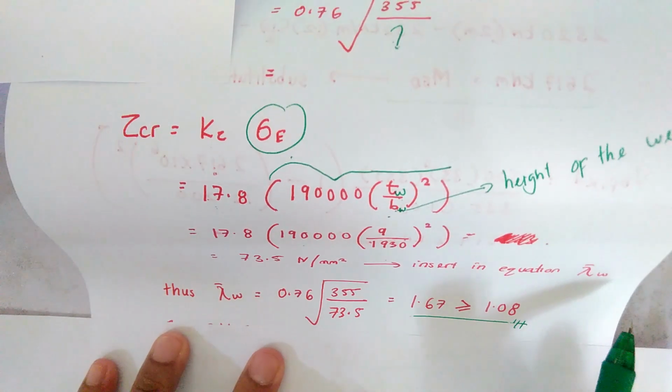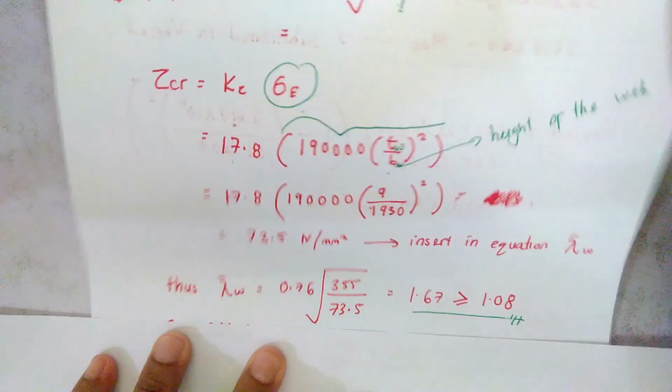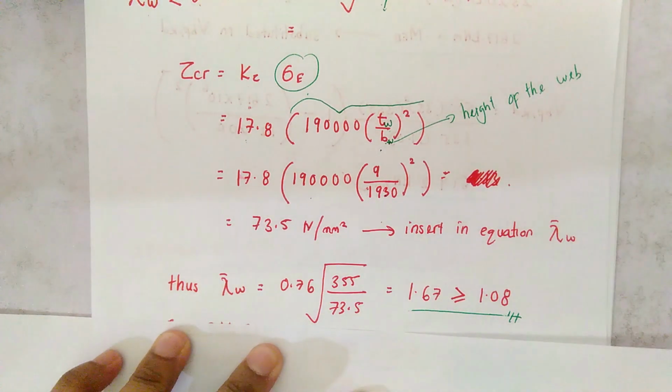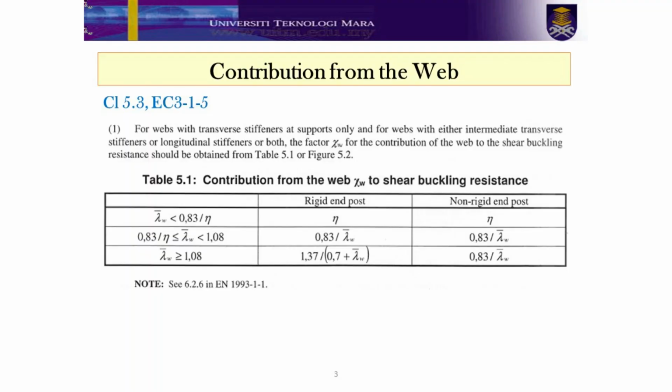Okay, and then you will get 1.67. If you refer back to your Table 5.1, you can see that 1.67 is larger than 1.08, so it does not fall under the middle category.